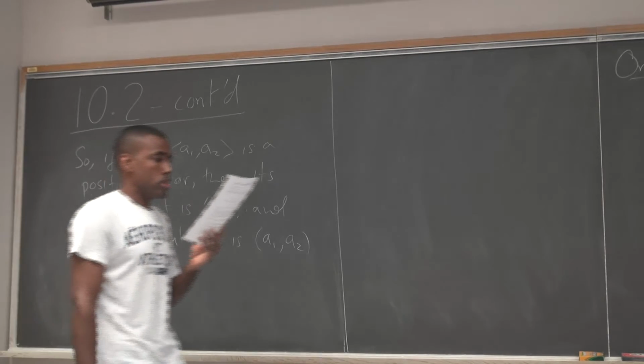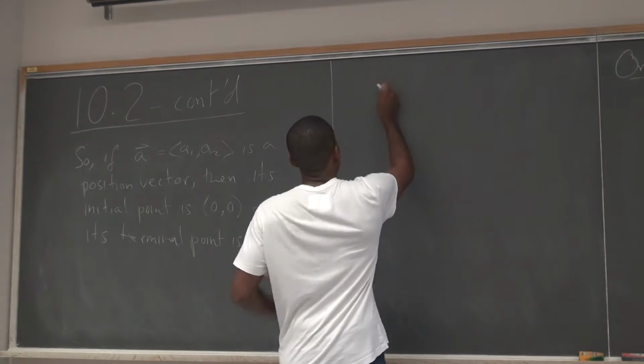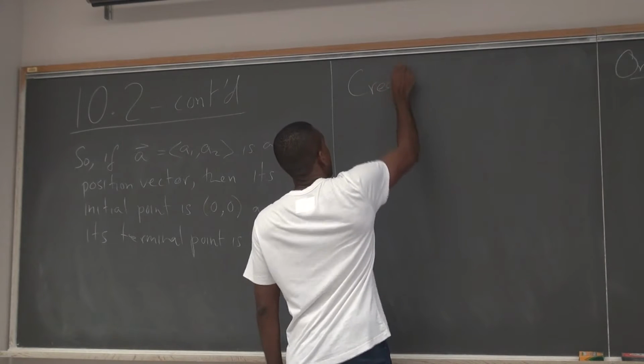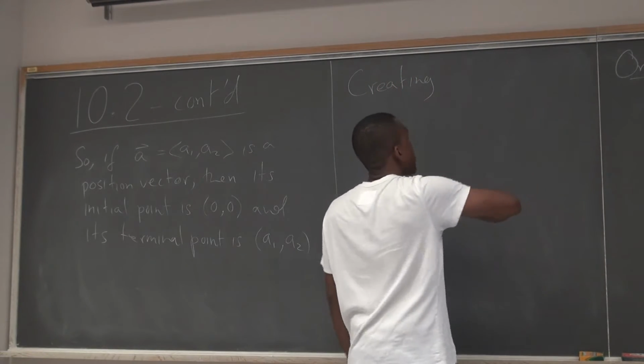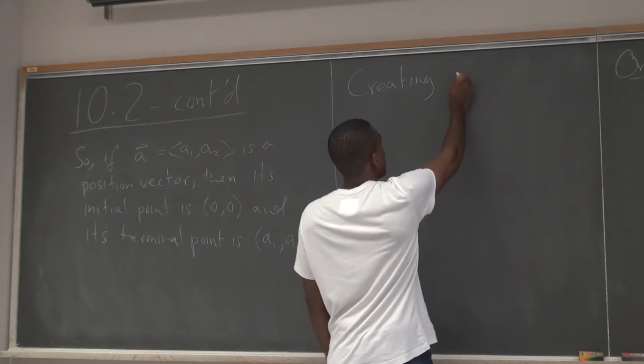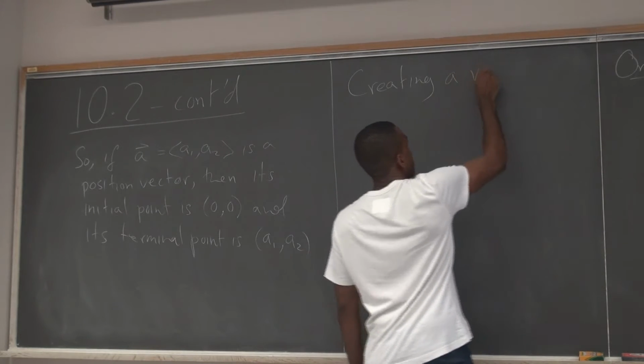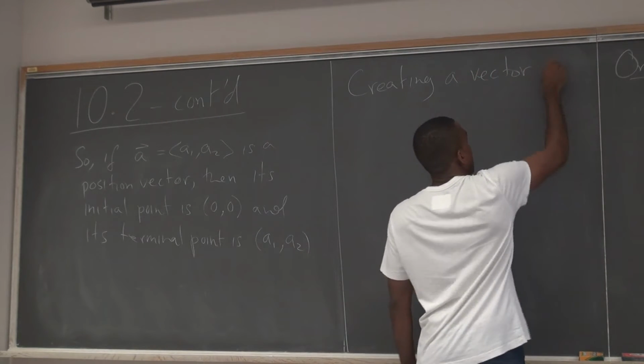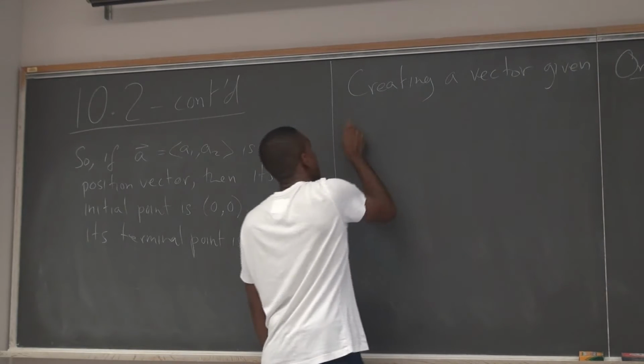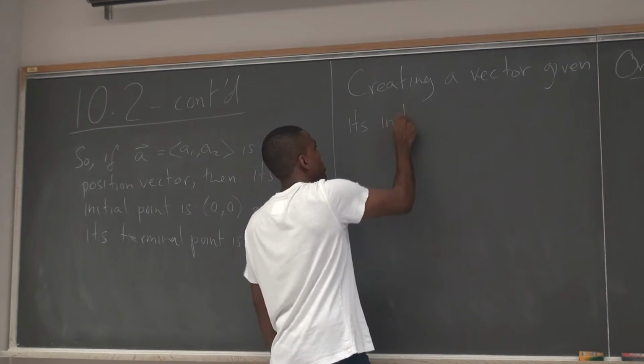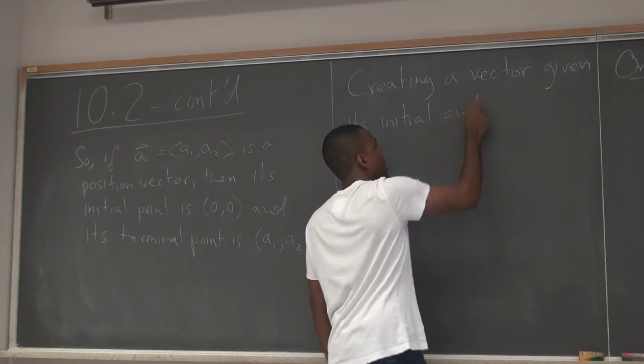What else do I want to tell you about? That's how to make our own vectors, which is going to be super important pretty soon. Creating a vector given its initial and final point.